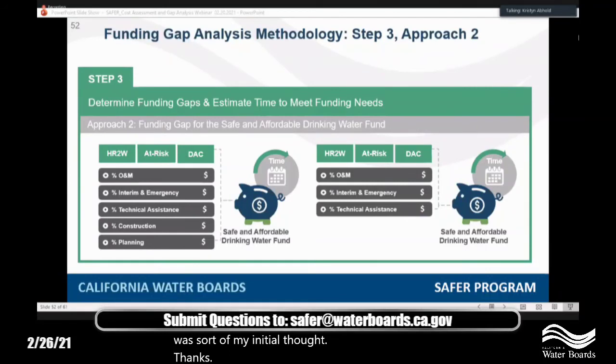Yeah, again, a lot of what's in here is really assumptions that we're making in order to be able to conduct the gap analysis.